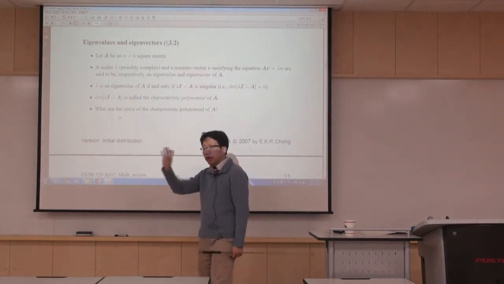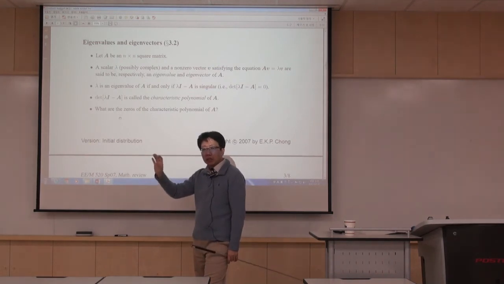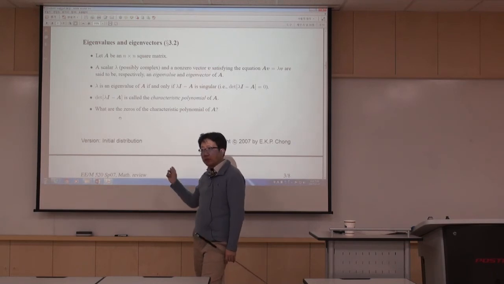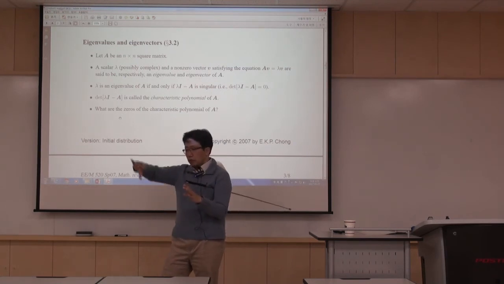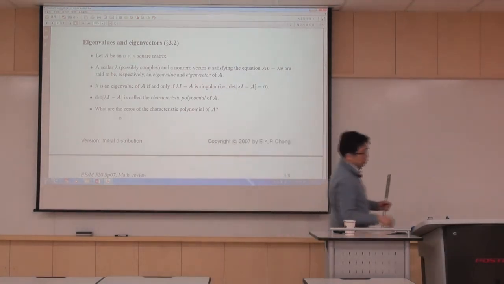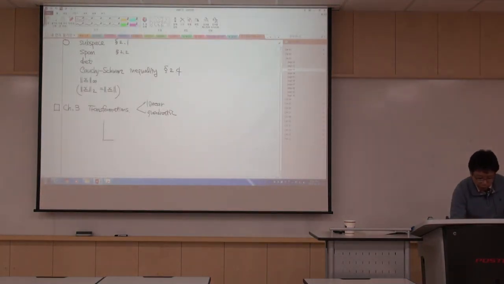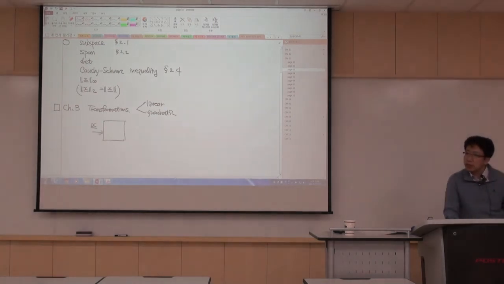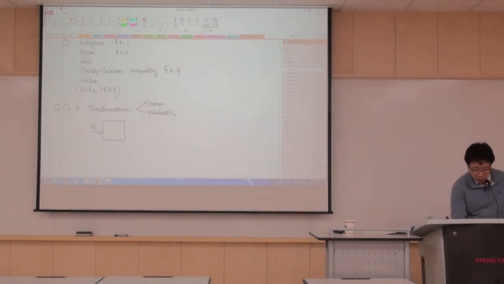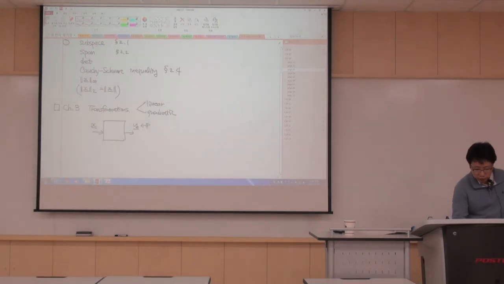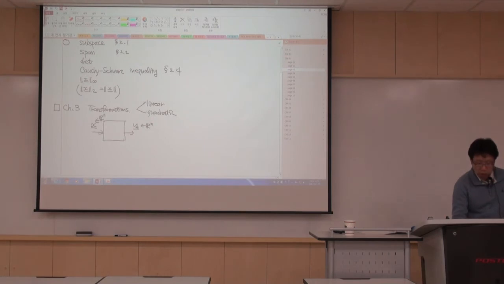When we transform a vector of length n using an n by n matrix, this notion is very interesting. If you remember, the story is like this. This linear transformation with a square matrix is related to something like this. You have an input to a linear system, and you have an output of a linear system, and suppose they are both members of R^n.